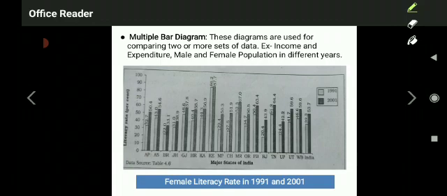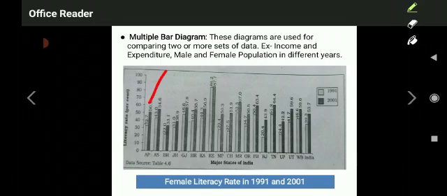One thing you have to understand: in a multiple bar diagram, you have to showcase the female literacy rate of the two different years on the same rectangle. On the same rectangle you showcase the two years' female literacy rate for that particular state. So it is very clear here.